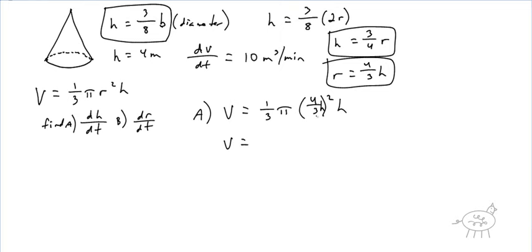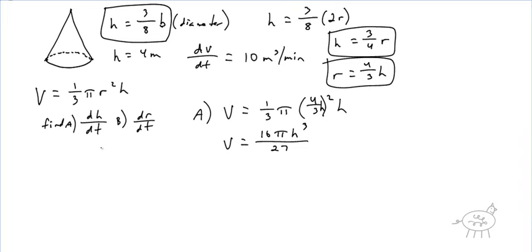Put all together here, I get 16 pi h cubed over 27. Now it's really convenient because part A was dh dt, that's what I'm looking for first, and it's all set. I just have two variables here.